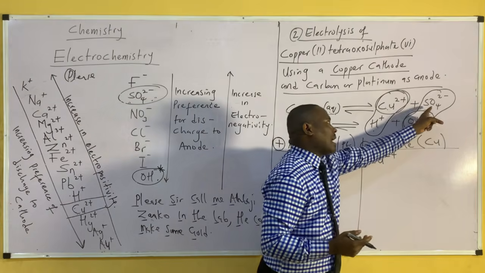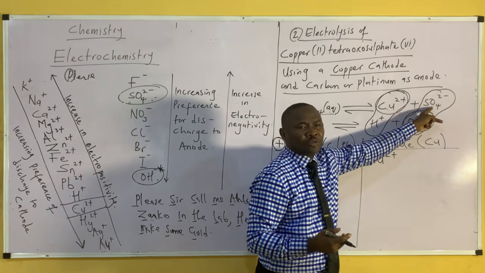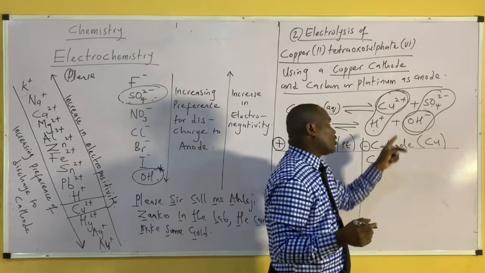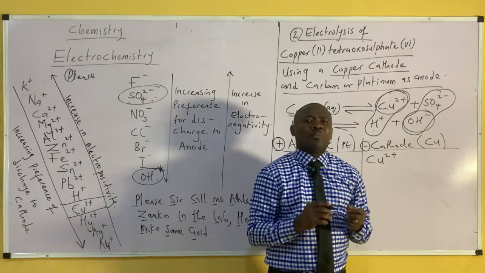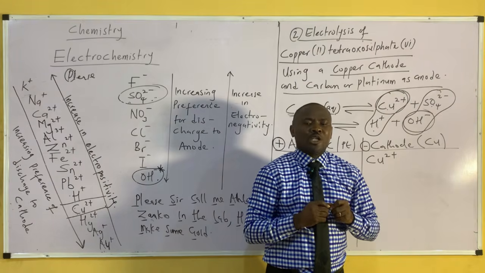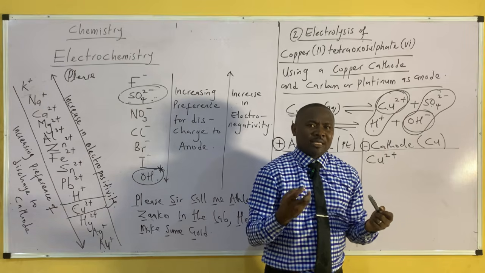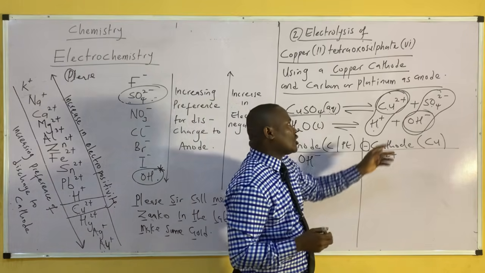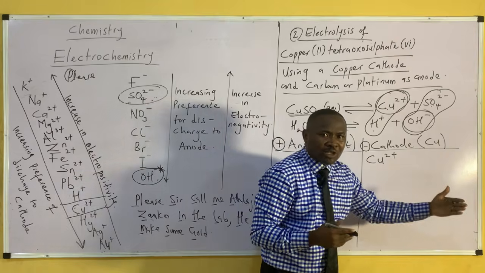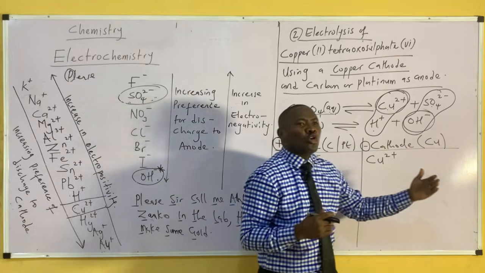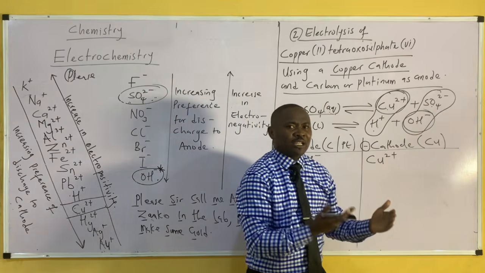Yes, because I have acidic ions present in the solution. And also remember, ordinarily copper 2 tetraoxosulphate 6 ought to be a blue solution. It has a blue color, but because copper will migrate out of the solution towards the electrode, the blue color will be fading gradually.